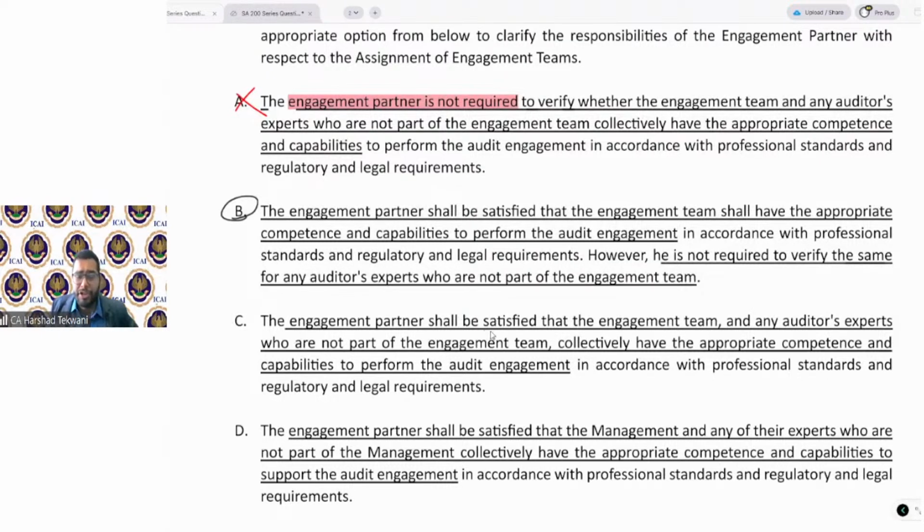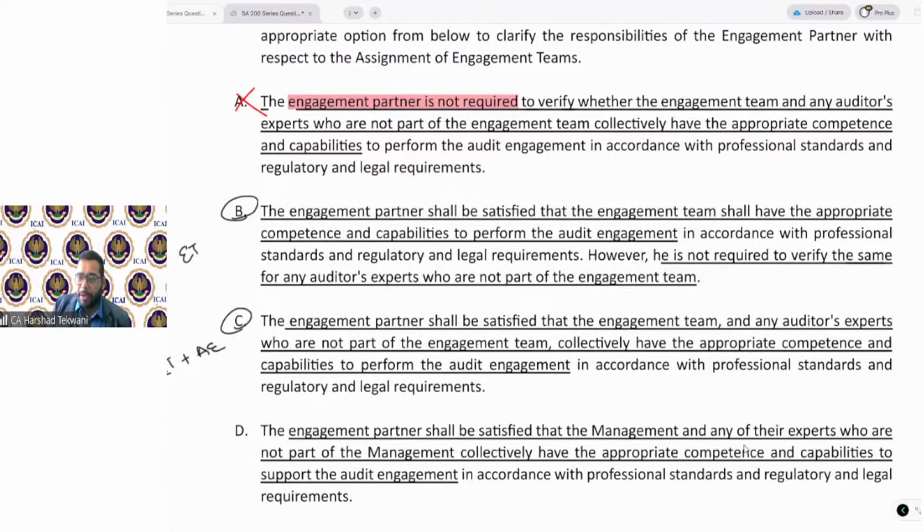Third, the engagement partner shall be satisfied that the engagement team and any auditor expert who are not part of the engagement team. So here is only the audit engagement team. Here it is engagement team plus auditor's expert. So that's the difference between B and C. Then D, that engagement partner shall be satisfied that the management and their expert.